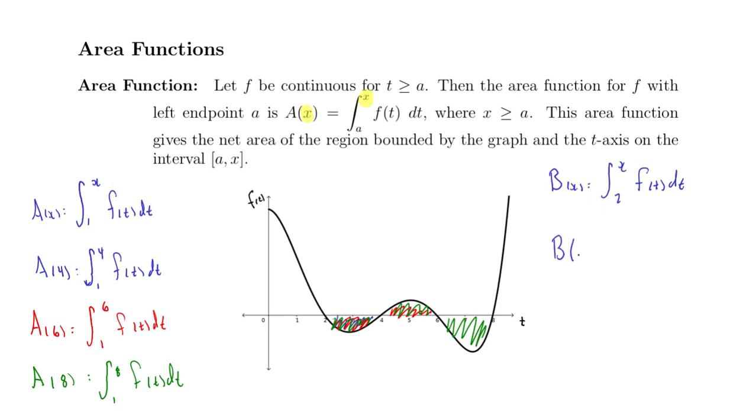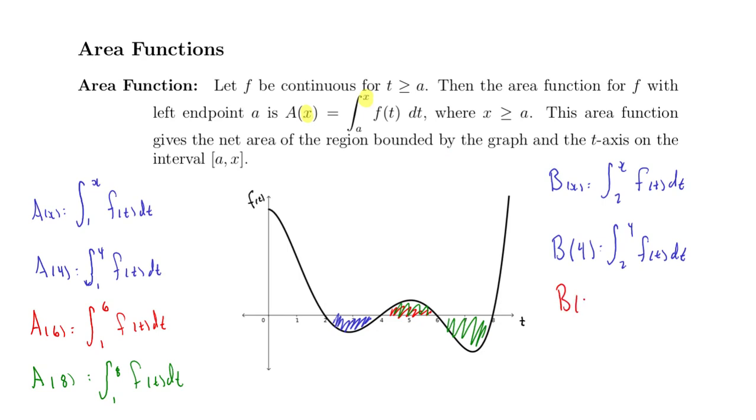But now we could say, all right, B of 4 is our integral from 2 to 4 of f of t dt. It would just be whatever this area here is. So we know that this is going to be negative because we're talking about net area, and this whole region that I've shaded in blue is underneath the t-axis.